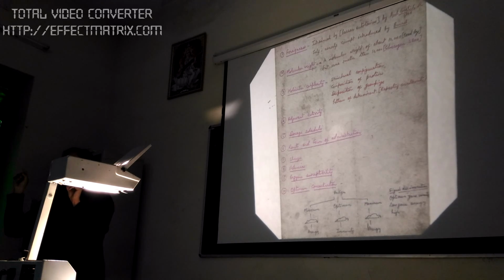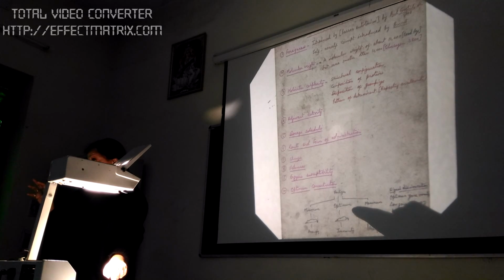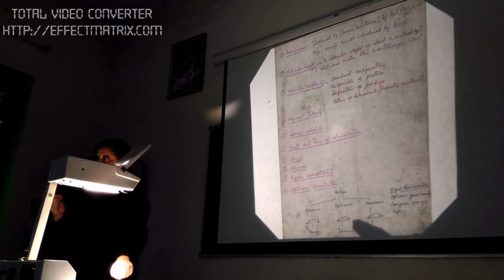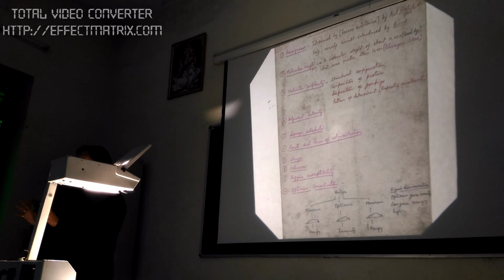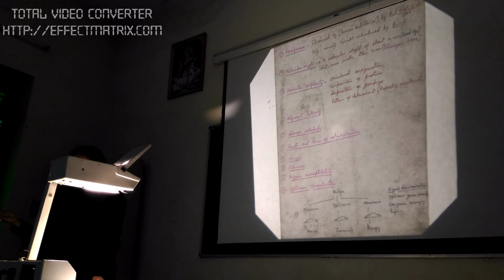Anergy, A-N-E-R-G-Y. If it is given in optimum concentration, it definitely leads to an immune response. If it is at maximum concentration, that again leads to non-responsiveness and anergy, and sometimes it is in the form of hypersensitivity.